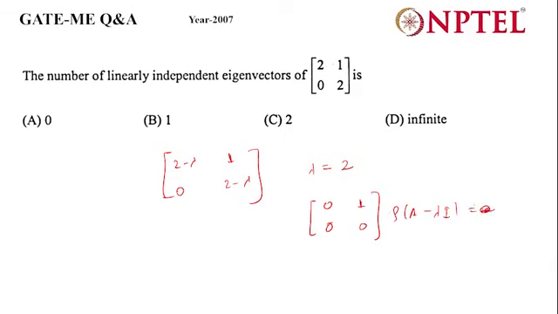It is 1. So what is the number of linearly independent eigenvectors? N minus R. What is n here? 2 minus 1, that is 1. So your answer will be B.